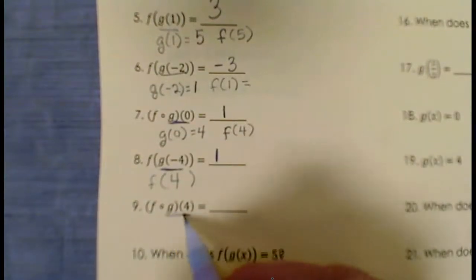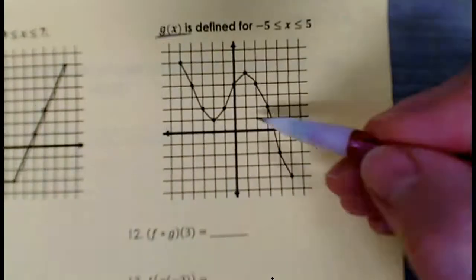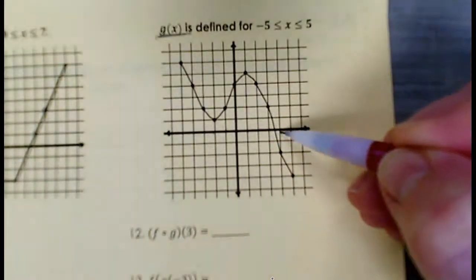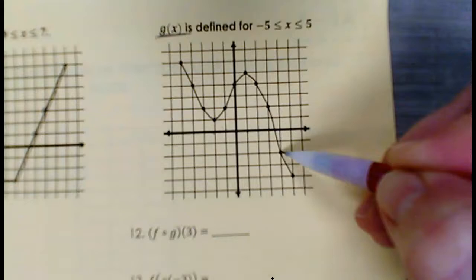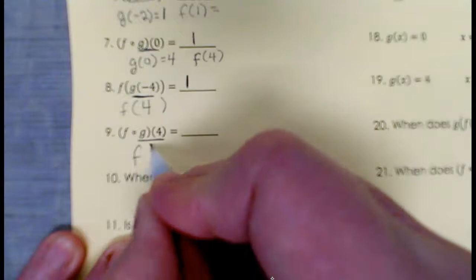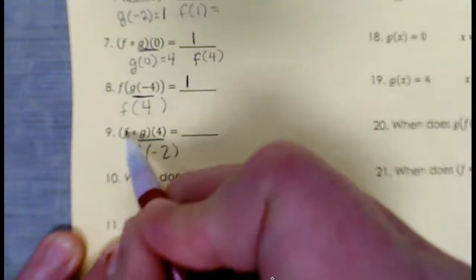This says to start here, g of +4 is equal to -2. Take that -2 and put it in the outside function.